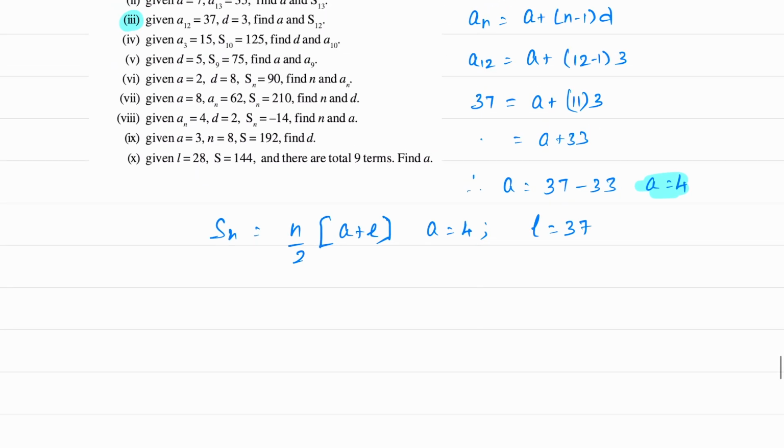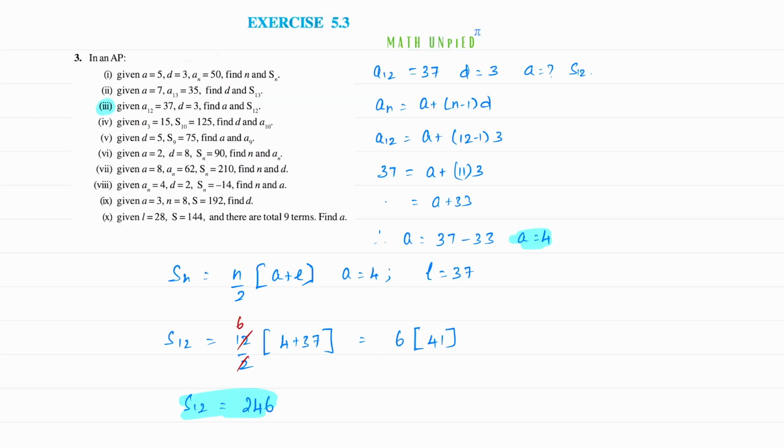So S12 equals 12 over 2 times 4 plus 37. So this is 6 times 41, or S12 equals 246. So the first term a equals 4 and S12, or sum of 12 terms, equals 246. This is our answer.